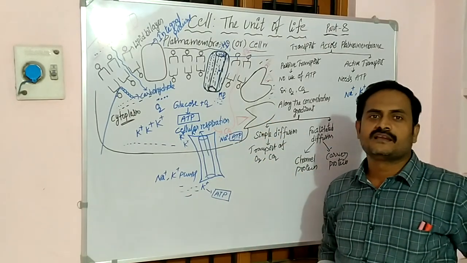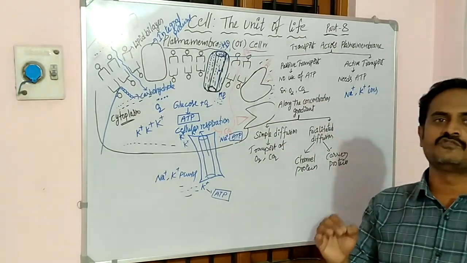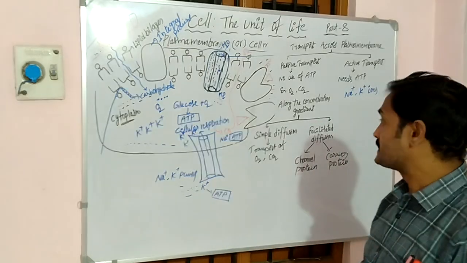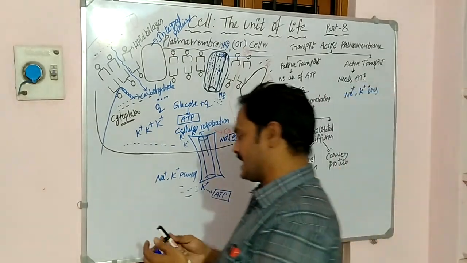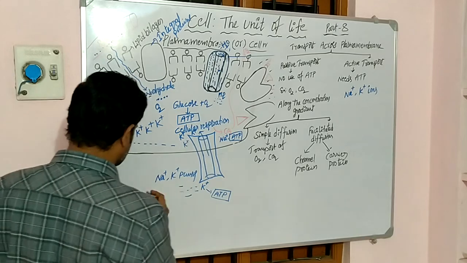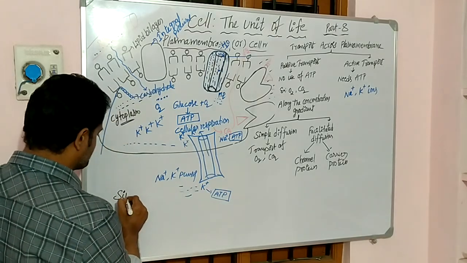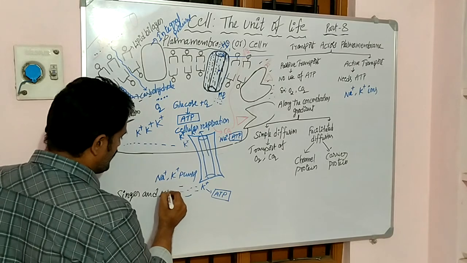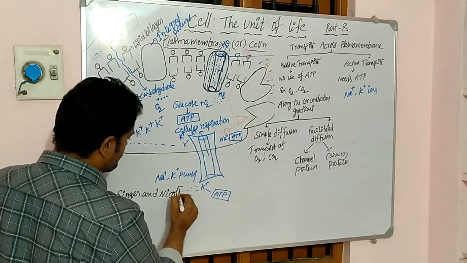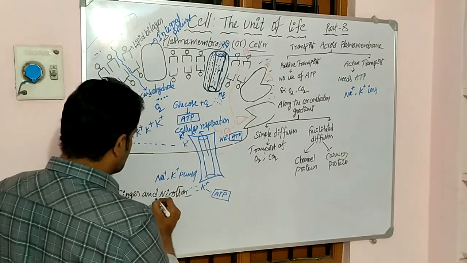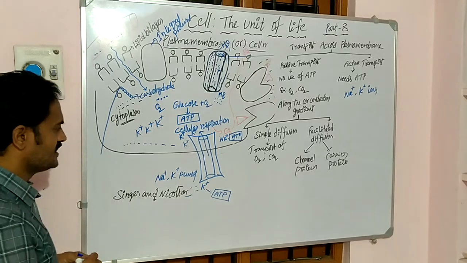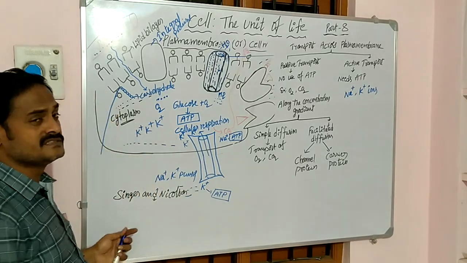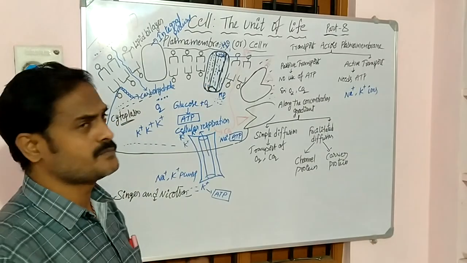Okay, the whole structure of the plasma membrane was also given a name by two scientists. Who are they? Singer and Nicolson. Both scientists proposed a name for the plasma membrane.